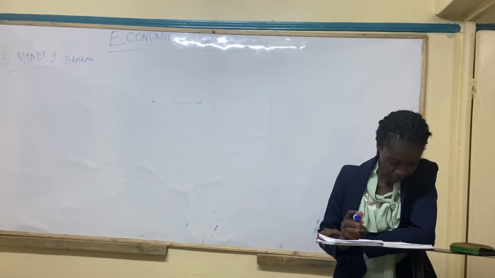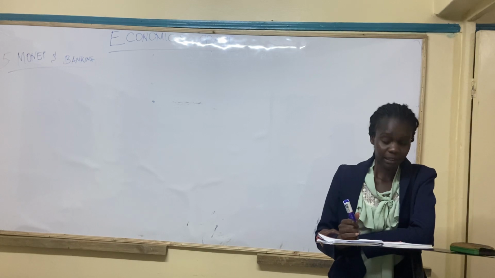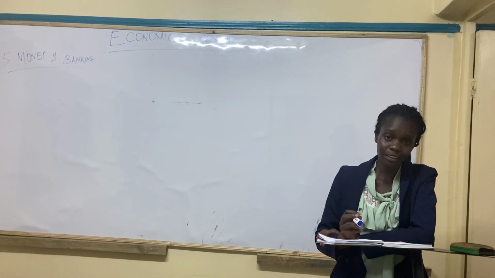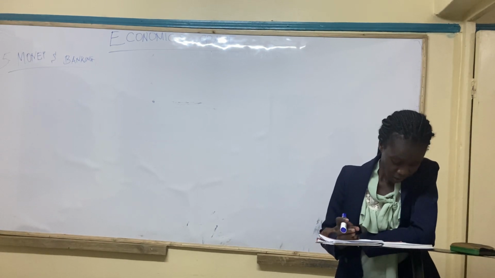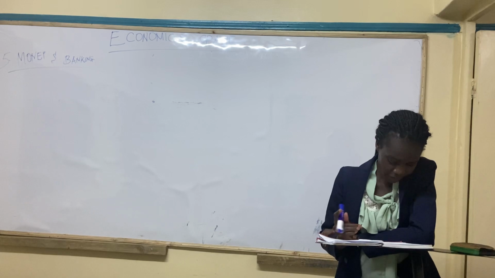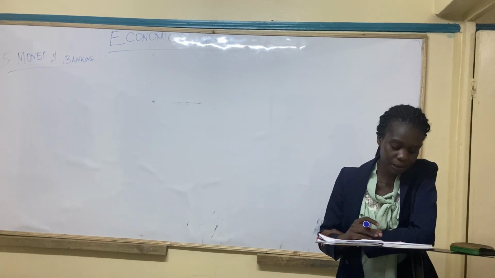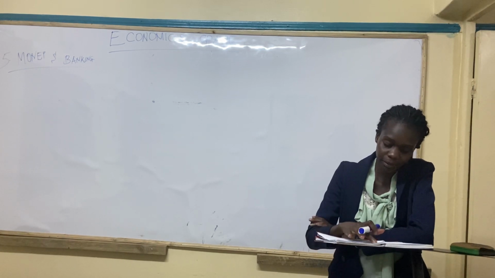The third one, Central Bank manages national debts. The fourth one is banking supervision. They supervise the activities of other banks, and they operate monetary policy. Those are the functions of Central Bank.